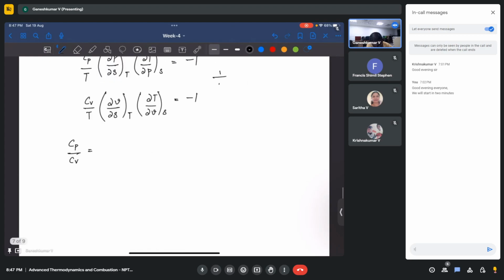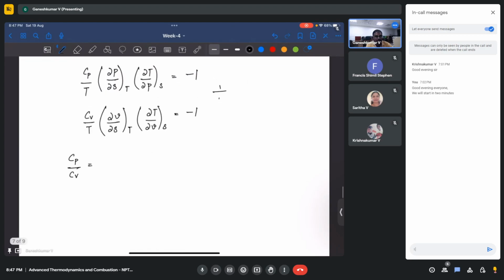So here when you do the division, you can put it in the numerator just by inverting the numerator and denominator, right?